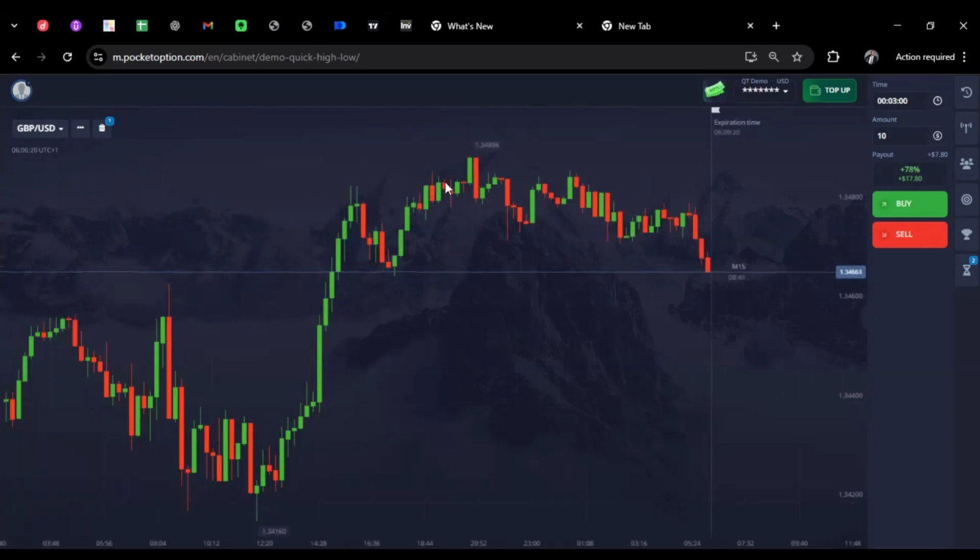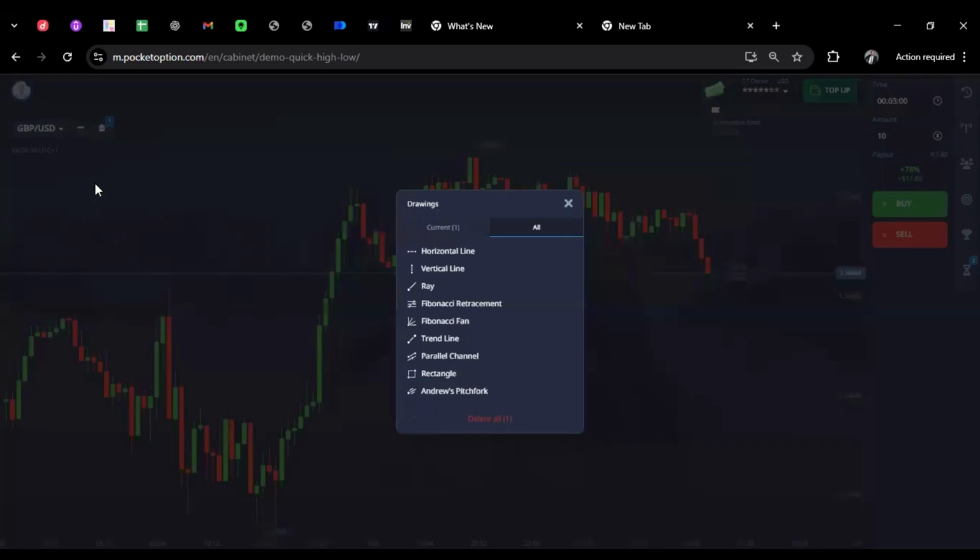this is my high. This is the highest point the market got to. This is a series of lows, right? This is another high. So let me mark up this area.